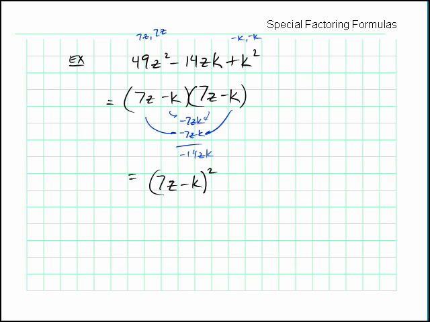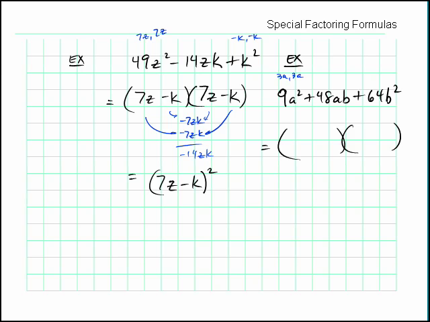Here's one more example of a perfect square trinomial. And that would be 9a squared plus 48ab plus 64b squared. So for 9a squared, let's try 3a times 3a.